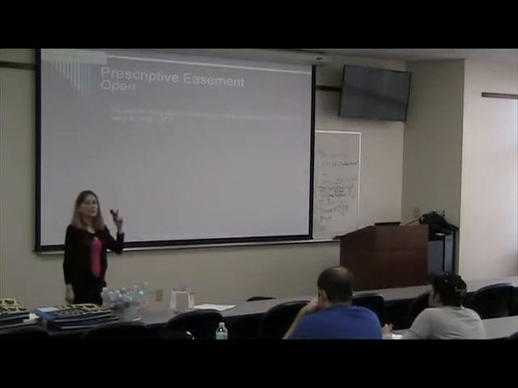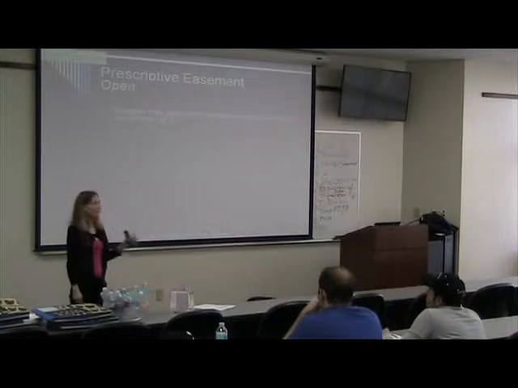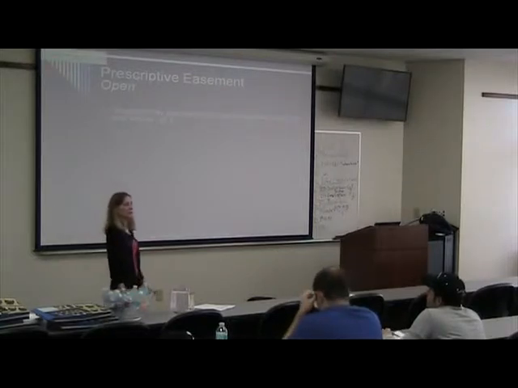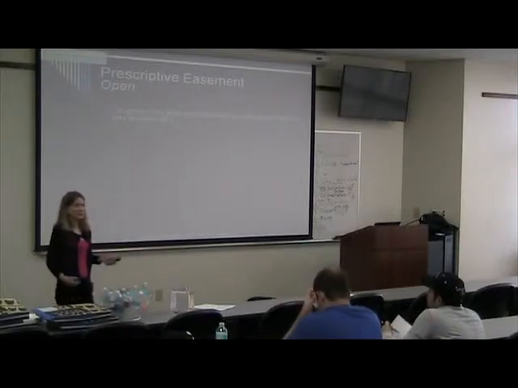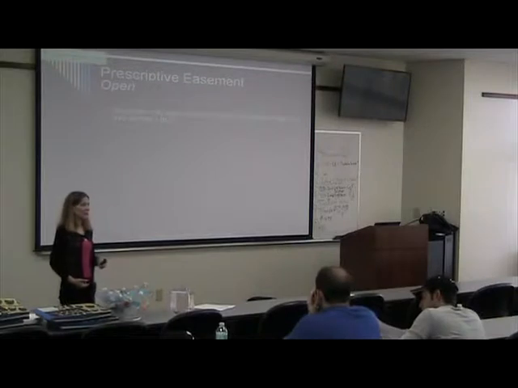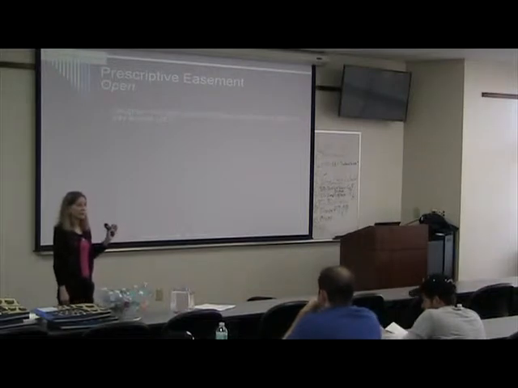And second, while I said that most of the elements are the same, the one that some jurisdictions don't require at all, or if they do, it's very limited when it comes to prescriptive easements, is exclusivity. Which is relevant here, because it doesn't say that daughter's the only one using that path. Other people might be using it too. For possession to be adverse, the possession has to be exclusive.